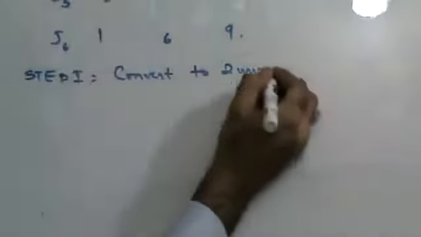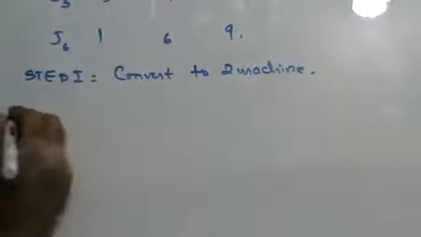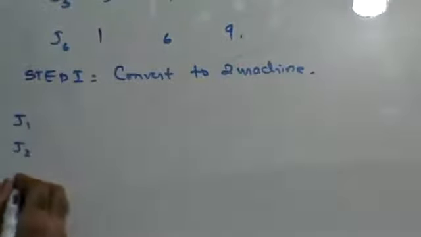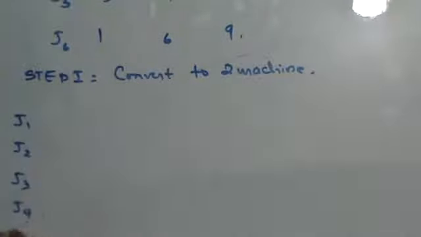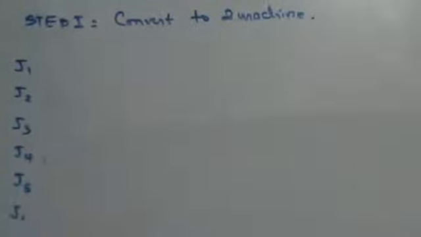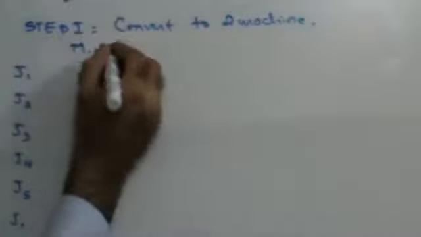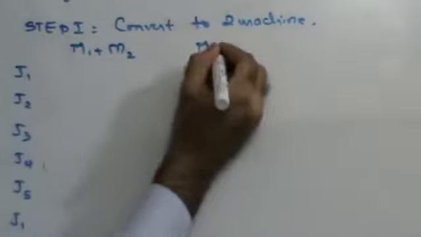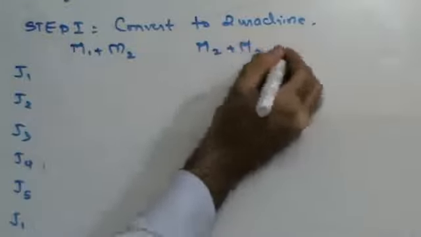First thing that you have to do is convert 3 machines to 2 machines. So step 1, convert to 2 machines. How do I convert to 2 machines? I have jobs J1, J2, J3, J4, J5 and J6. Add M1 plus M2, and similarly add M2 plus M3.